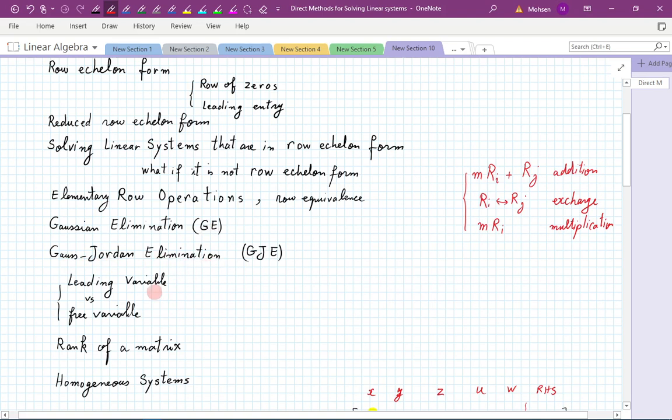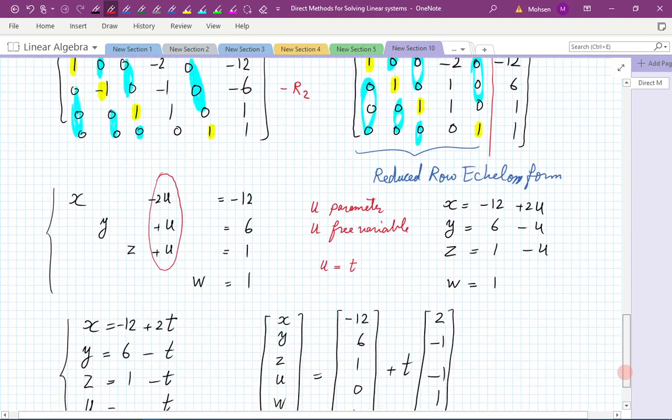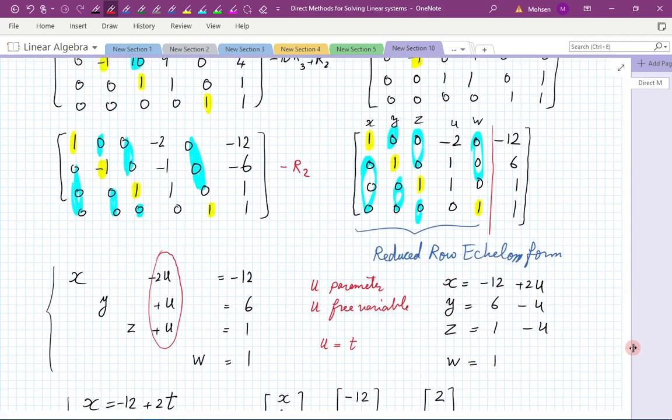We have the idea of a leading variable versus a free variable. Let me go ahead and explain that in this context. A free variable is a variable that does not associate with a pivot.